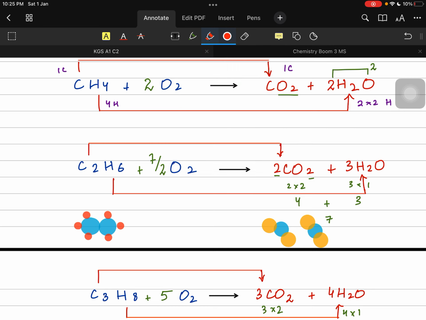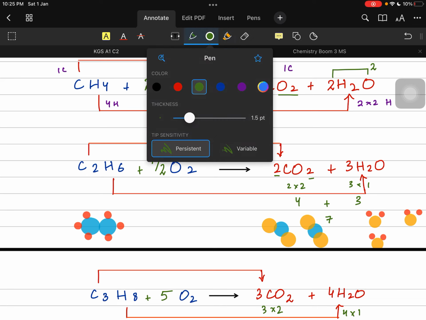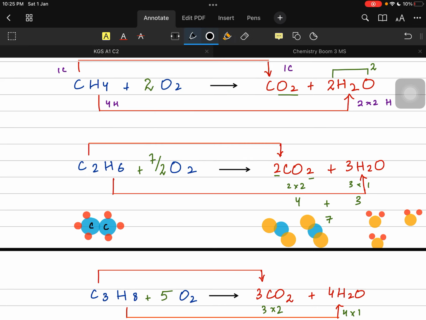So you get 1, 2, 3, 4, 5, 6. 6 hydrogen atoms can give you 3 water molecules. You get 3 water molecules. So this is your ethane molecule. It is giving you 2 carbon dioxide molecules and it is giving you 3 water molecules. And this is essentially what we got over here. And to get this many oxygen atoms, you needed 7 by 2 oxygen molecules.